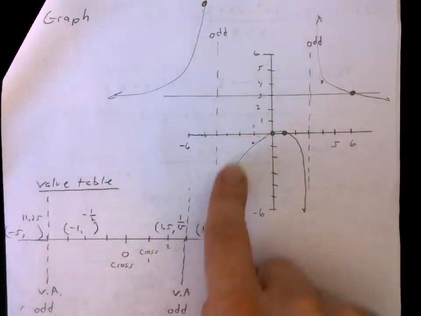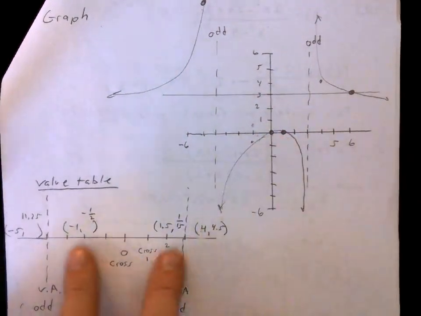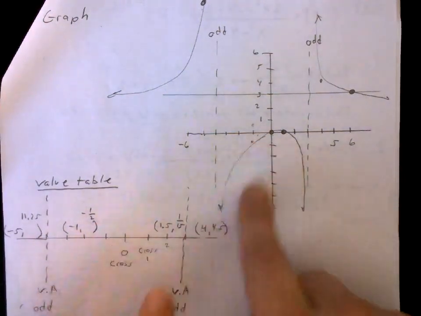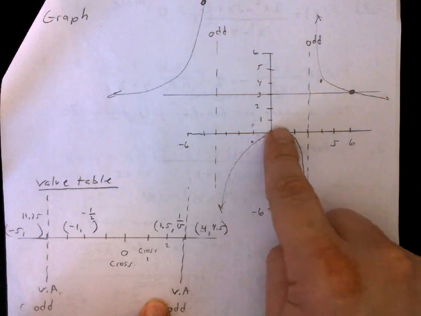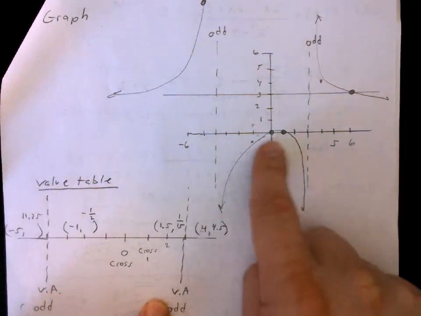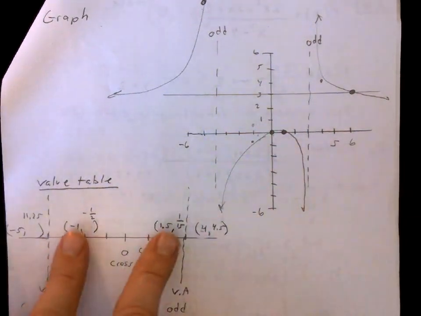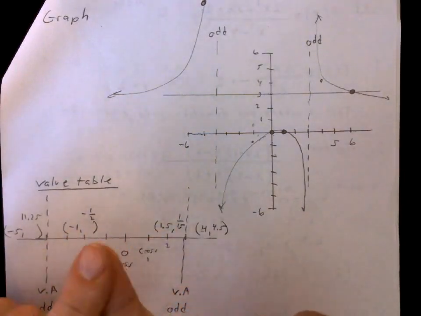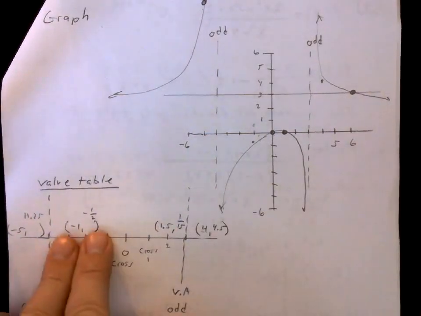And the reason we made those extra points over here, some of these points right here, is that you have an idea of what's going on with your other graph. Remember, if you put an X in, you should get a Y out. That's what this is saying.